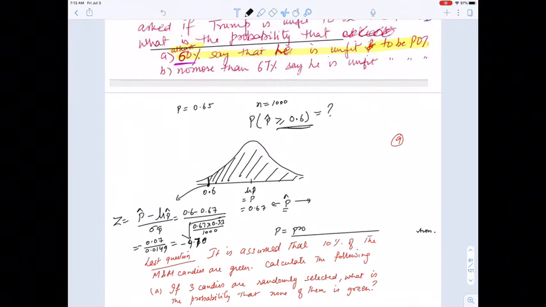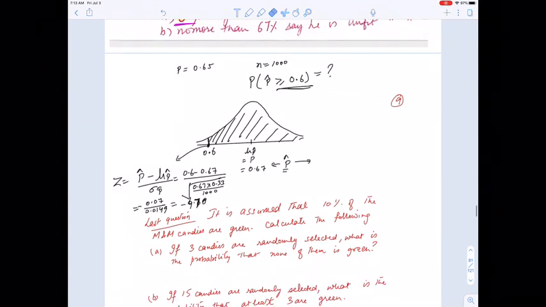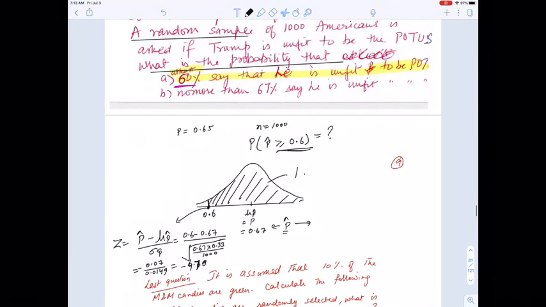I'm not familiar with this answer, but probably it is correct. Check if my math is right. So we want to find the area on its right hand side. Everything will be on its right hand side, right? So 100% probability that at least 60% of Americans in the sample of 1000 would say that he's unfit, if in the population 67% say that he's unfit.